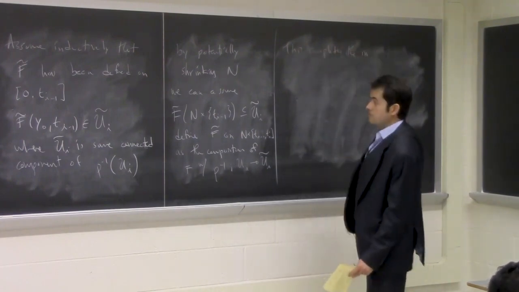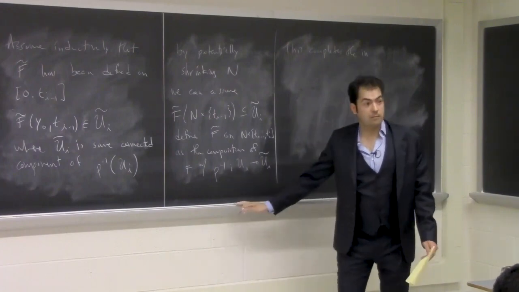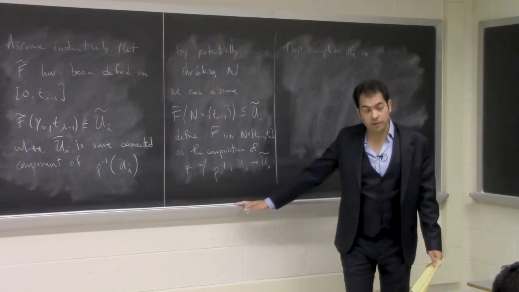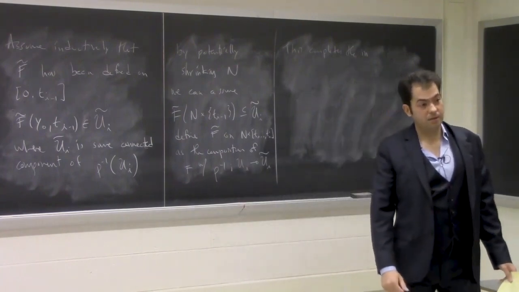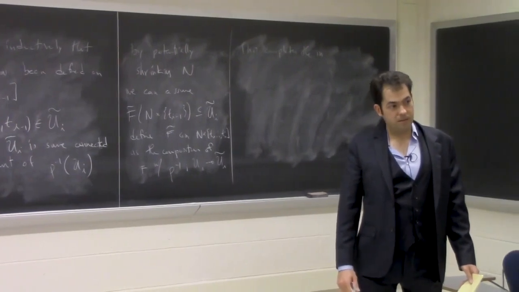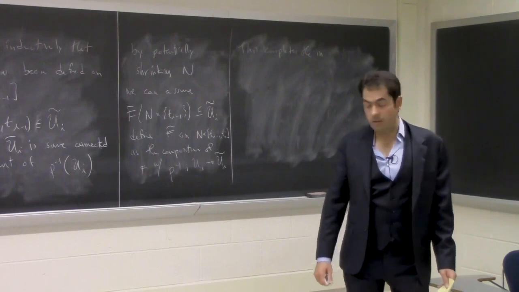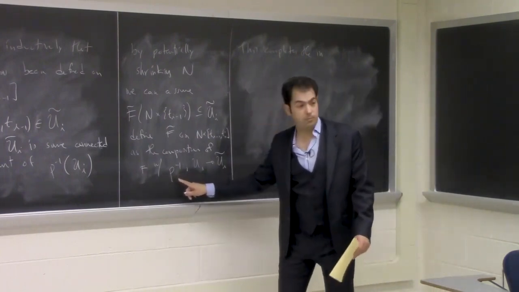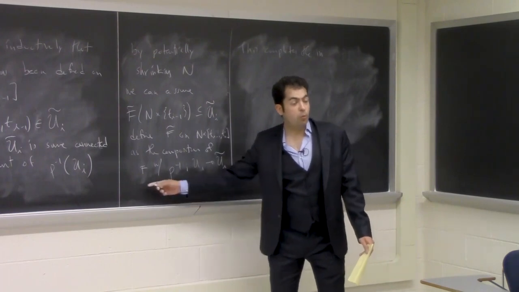How do we know that when we put these together with the previous function, it's a function? So previously it was unique. Sorry, how do we know that this piece that was defined, we put it together with the previous inductive piece that we had defined, and on the overlap, they coincide? Well, because we have this p inverse, right?